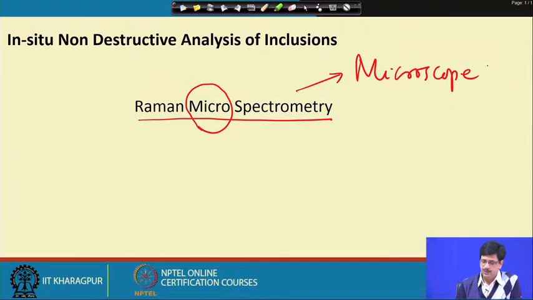Since this is an instrumental method, it will be within the purview of a person who is doing the fluid inclusion work, because it does not require a very specialized person to run the equipment.